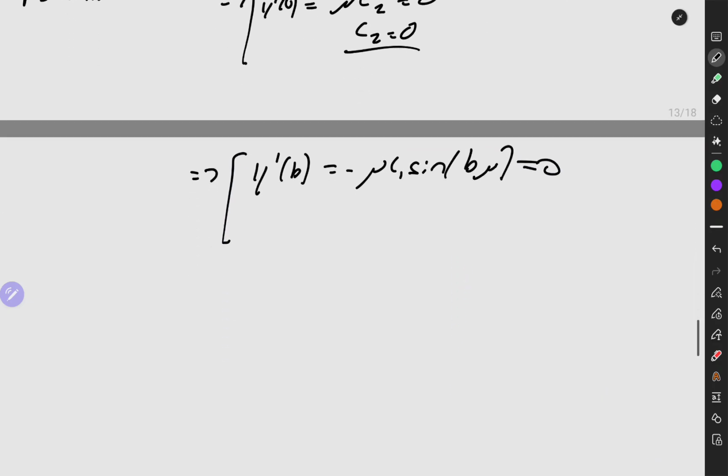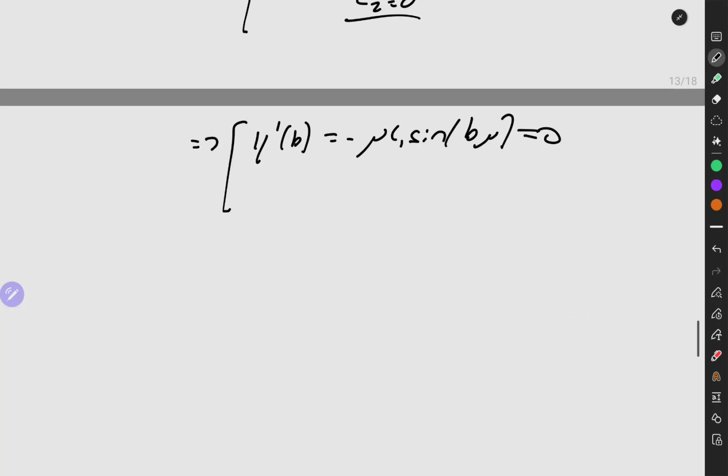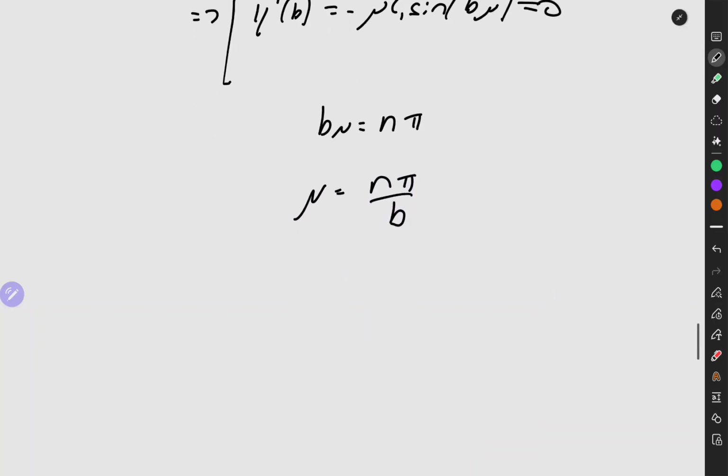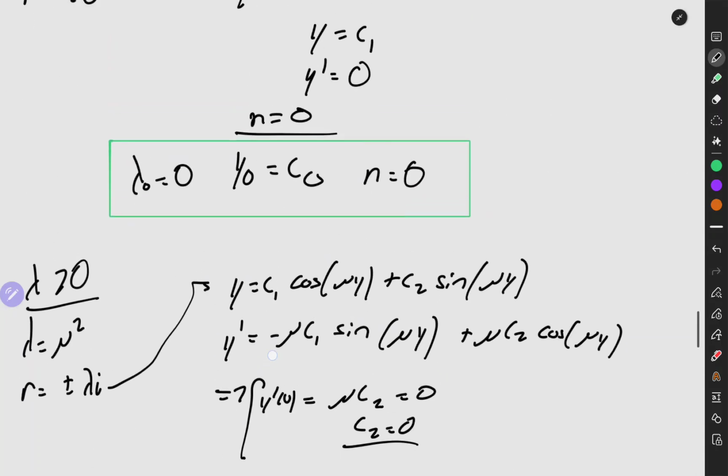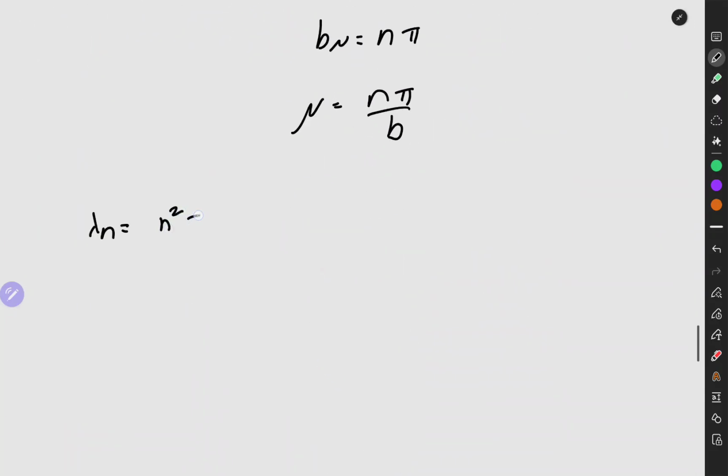For this one, obviously it's going to be non-trivial, so we can solve for this. Remember, sine of 0, it has to be some form of n pi. So b mu has to be equal to n pi. Mu is then equal to n pi over b. So then our lambda n is positive n squared pi squared over b squared.